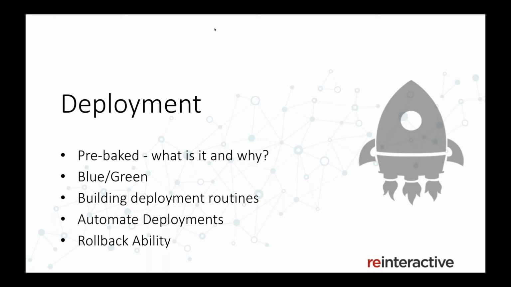So one of the things we do at OpsCare is this thing called pre-baked deployment. Pre-baked deployment is a process where you take the application, you build a new version of the application while you leave the existing one running. You do all of your deployments on this new instance of the application, which is sitting to the side and not servicing requests.